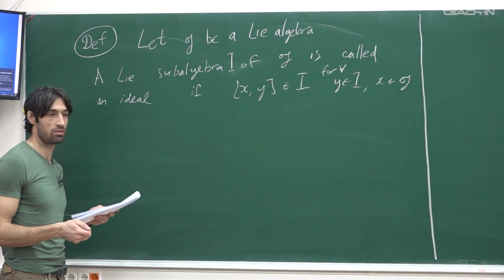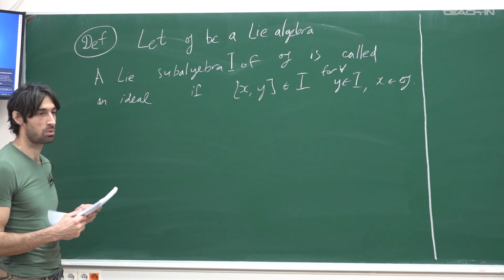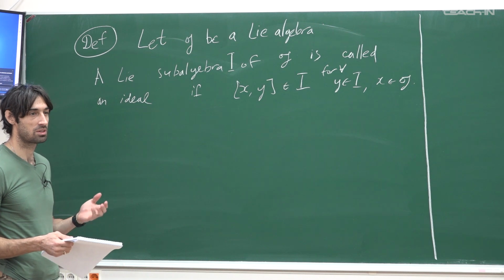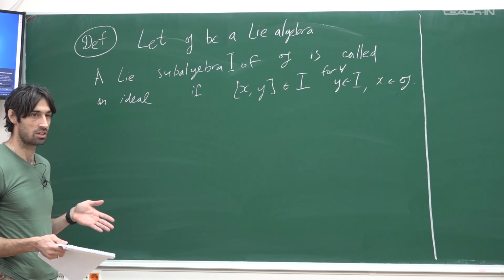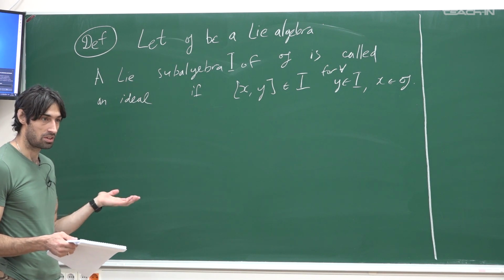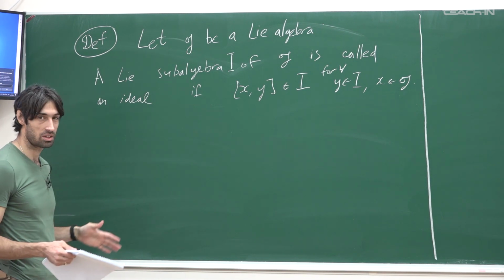What's the point of this definition? Many points, but I guess the main one is to consider quotients. In order for the quotient to be a Lie algebra as well, we would like to quotient by an ideal.